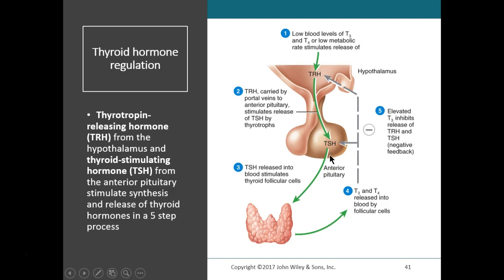Thyroid-stimulating hormone travels through the bloodstream down to the thyroid gland, where it binds thyroid-stimulating hormone receptors. That's going to turn the thyroid on. It's going to release T3 and T4, which are going to increase basal metabolic rate, and then negative feedback shuts down the release of the TRH and the TSH.